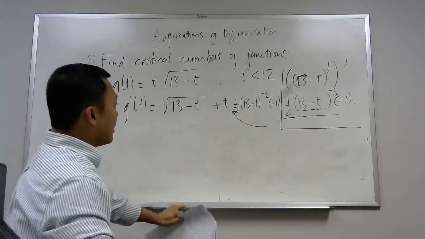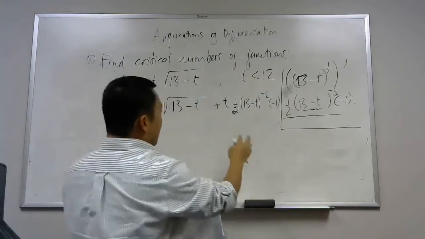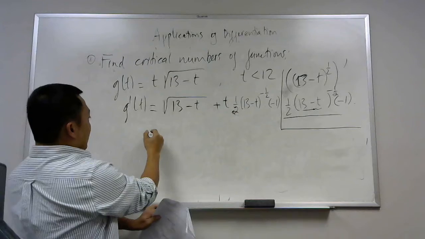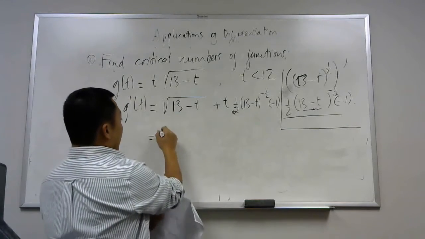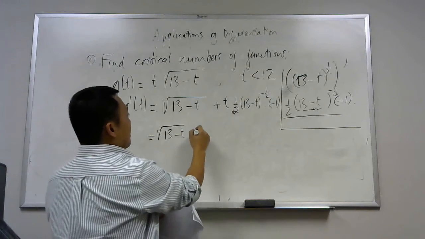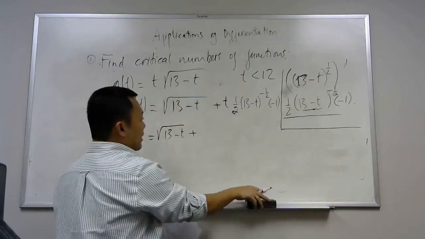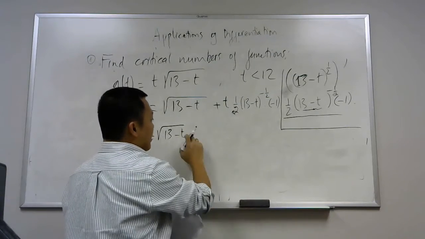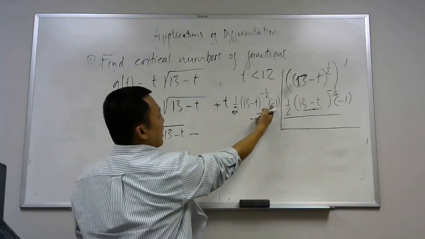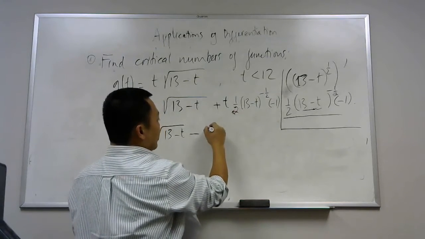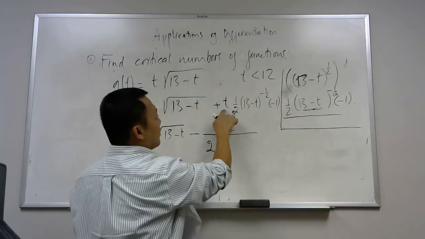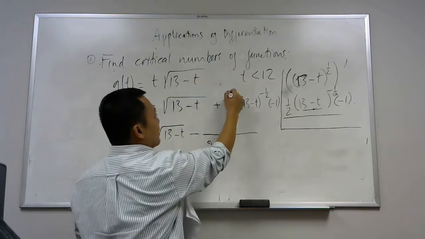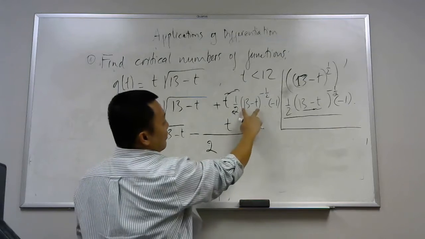All right, now what is next? I will just simplify and put them together because I need to find critical points. Then I have 13 minus t plus, okay, here we don't have plus, we have negative, you have negative 1 and negative 1/2. So I have negative, here is 2 times, t is still on the top. What is negative?